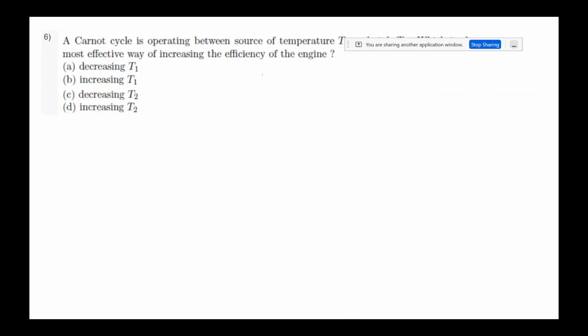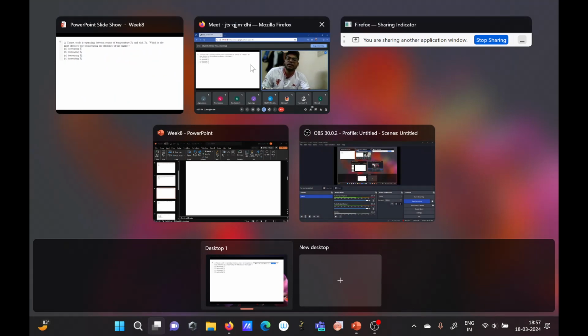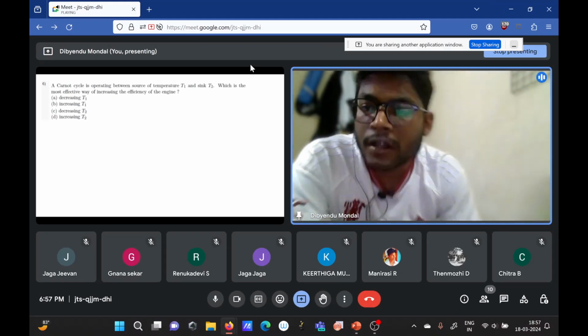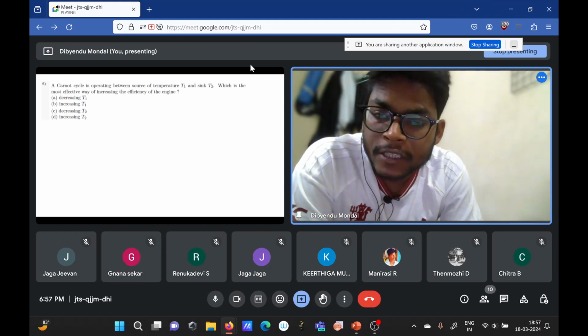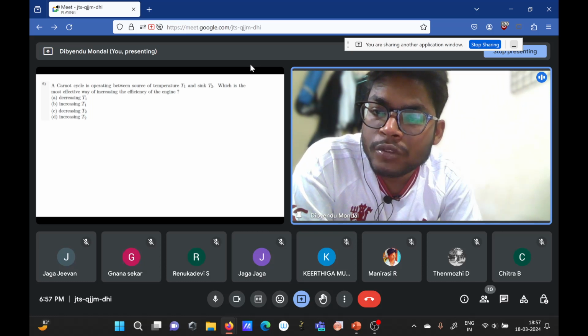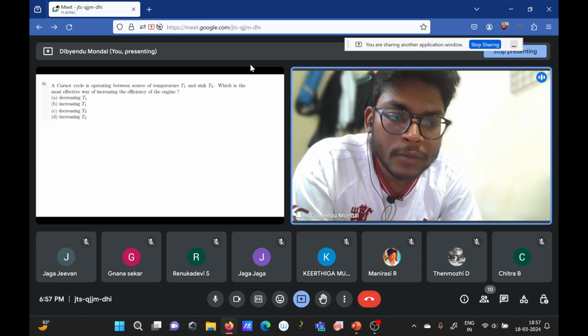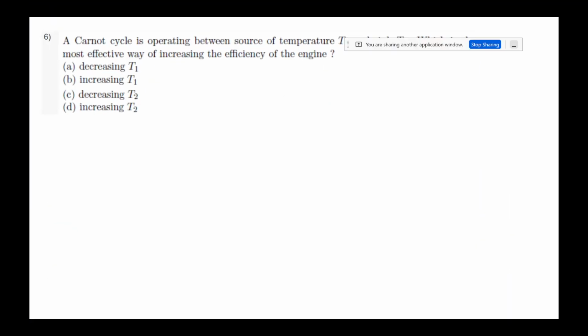Now this question says a Carnot cycle is operating between a source of temperature T1 and a sink T2. Which is the most effective way of increasing the efficiency of the engine? Now, what is the efficiency of the engine formula?